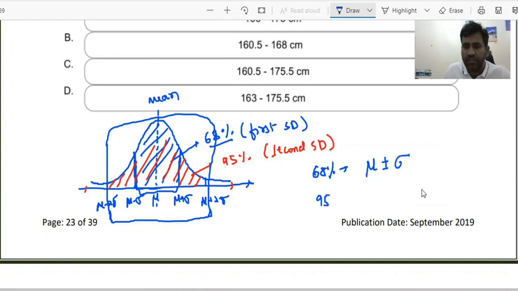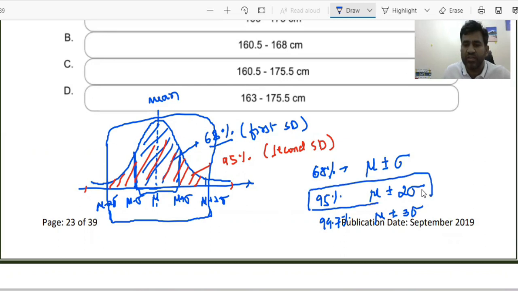For 95%, you write mu plus or minus twice sigma, and for 99.7%, the rest, you write mu plus or minus 3 times the standard deviation. So this is how we calculate it, but our question is basically related to it.